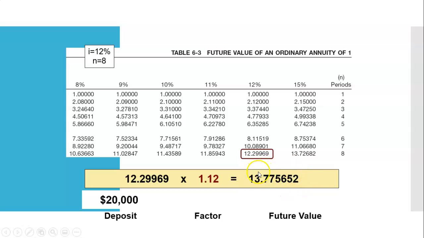That's the factor we're going to use in our formula: future value equals R times table 2 modified. Here's our R, which is 20,000. So 20,000 times 13.77 is our future value of $275,513.